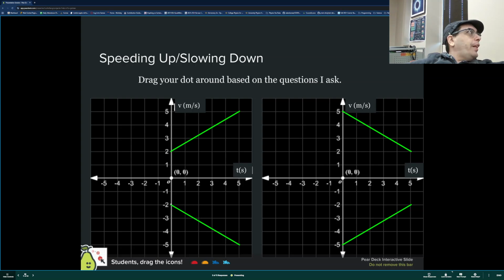Down here, is velocity positive or negative? It's negative, and we can see that by reading off the numbers, right? We're -2, -3, -4, -5. All those are negative values, so the velocity is negative. What about the acceleration? Is it positive or negative?